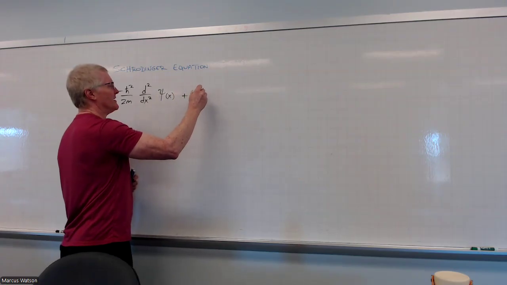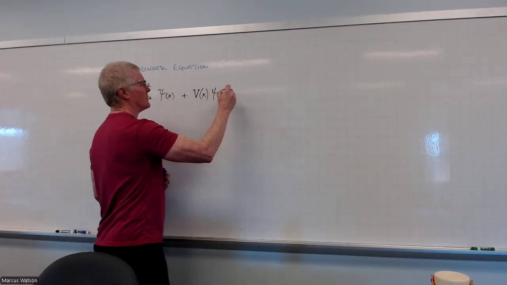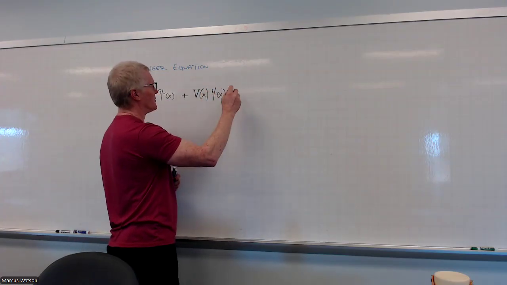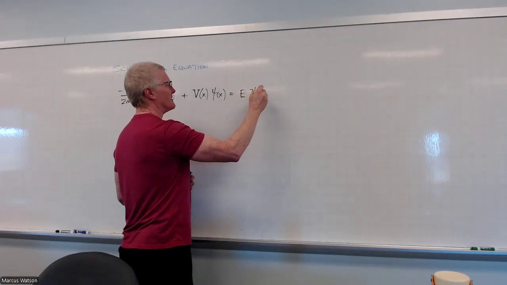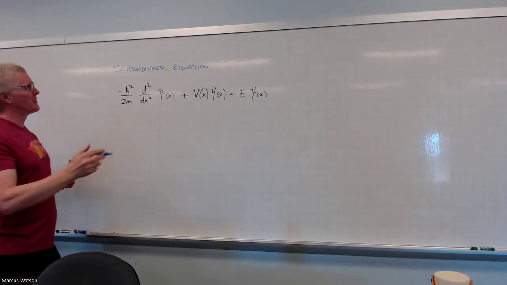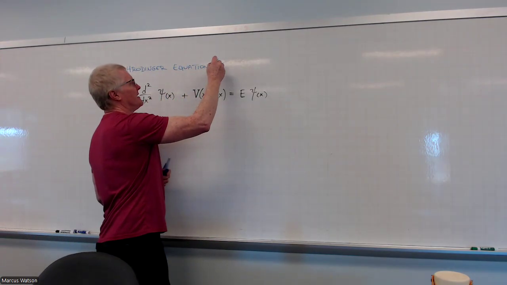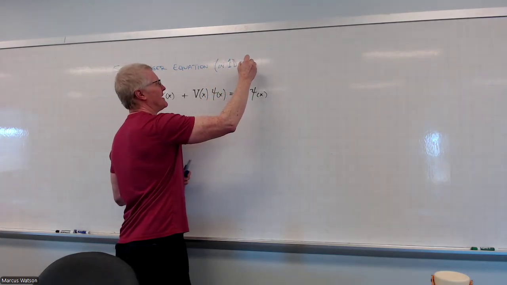I'll call this V then. Psi of x. And we'll say that we're going to do time-independent, so we're going to do an E times psi of x. All right. This is the Schrodinger equation, and it is in one dimension, and it's time independent.